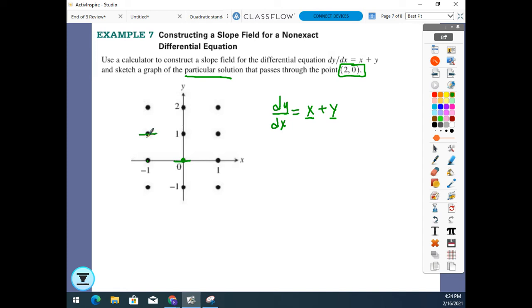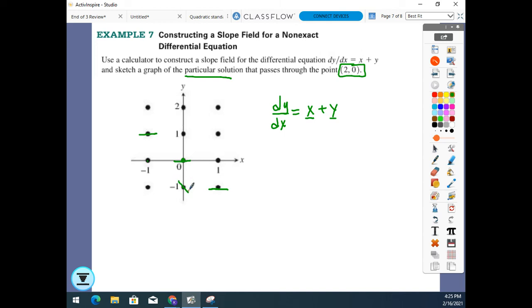So these two, also (1, -1). Notice there's kind of a family of graphs in this diagonal. Let's consider here, (-1, 0) has a -1 slope.